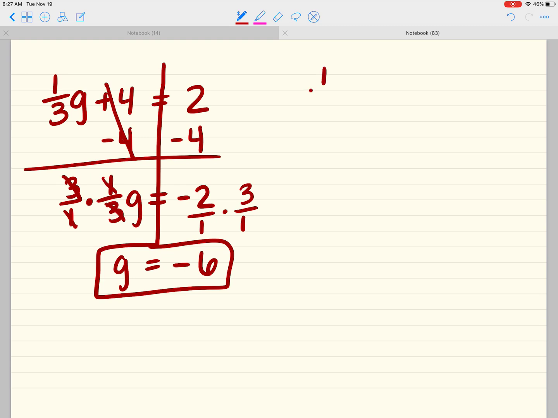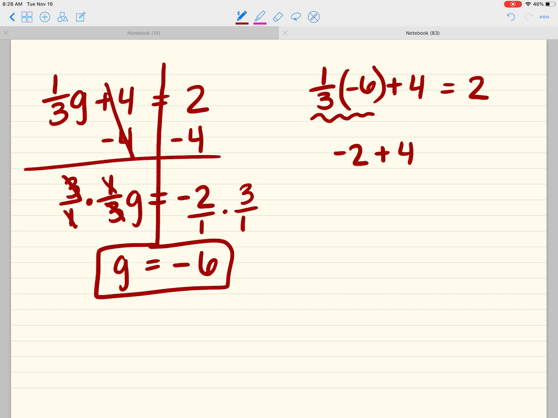Plug it back into the original, right? So 1/3 times negative 6 plus 4 is equal to 2. All right, so multiplication first. Can anyone tell me what 1/3 of negative 6 is? Without a calculator? What's negative 6 divided by 3? 2. Close. Negative 2, right?